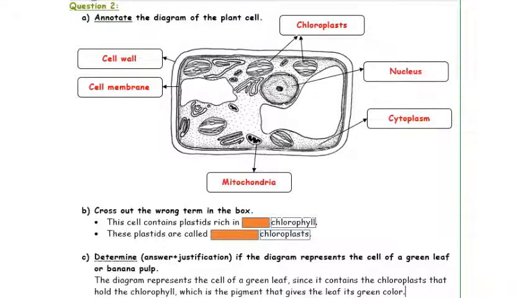That's why this is the drawing of a cell of a green leaf that has a green color.